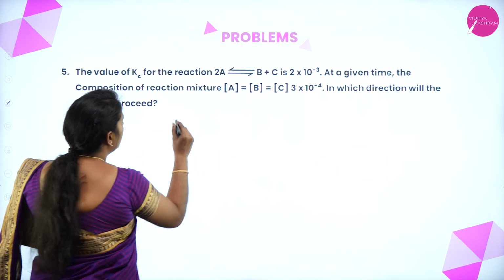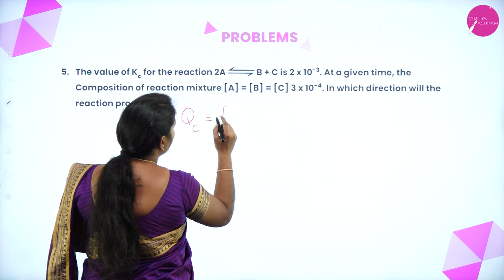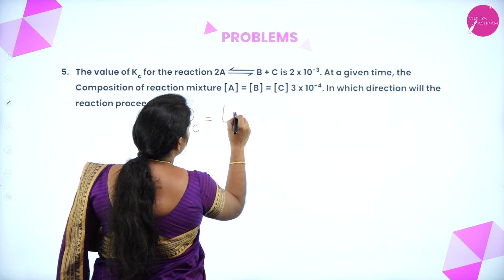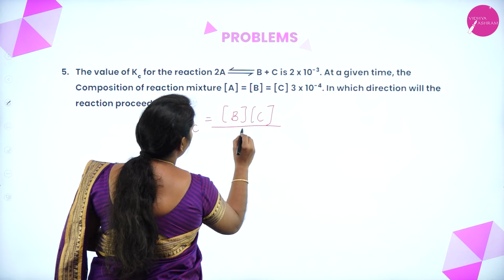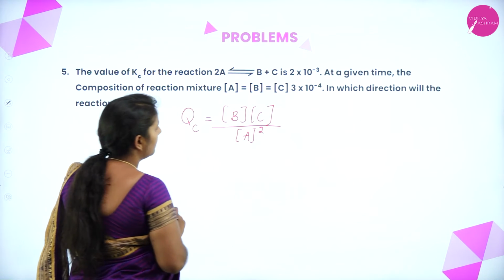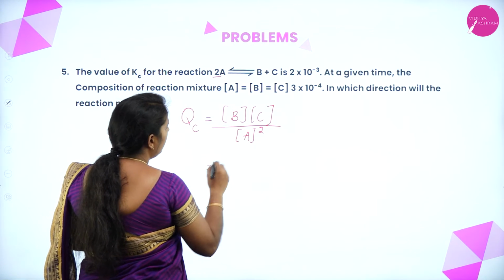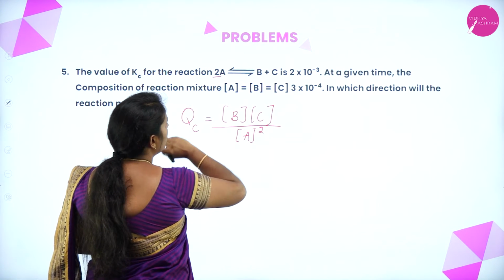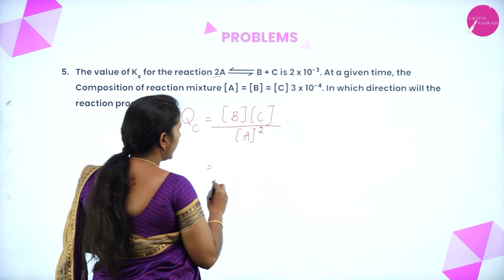And we know that Qc will be obtained by the molar concentration of the products, that is B into the molar concentration of C, divided by the molar concentration of A, that is the reactant, raised to the power of 2. Okay. Now we know that the molar concentrations of A, B, C are equal to 3 into 10 to the power of minus 4.